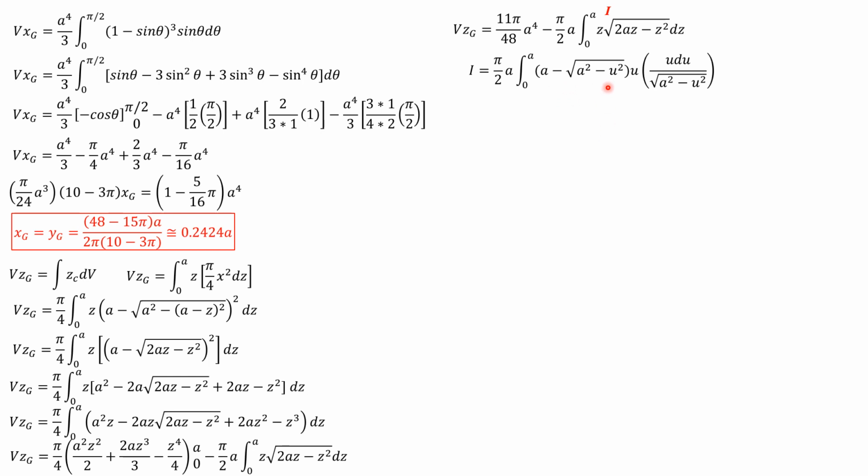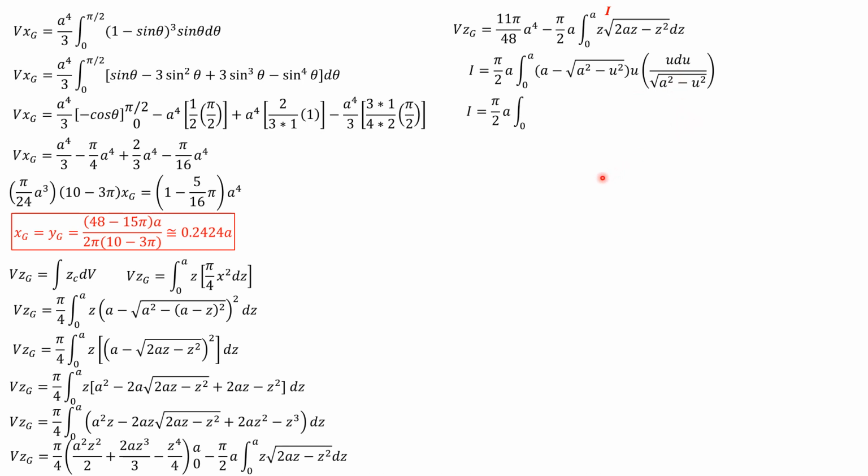So this is z, then square root of 2az minus z squared is u, in other words, square root of a squared minus a minus z quantity squared is u. This is the original. And we have u du over square root of a squared minus u squared.